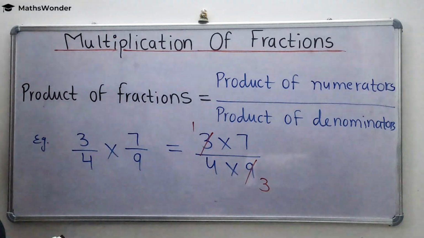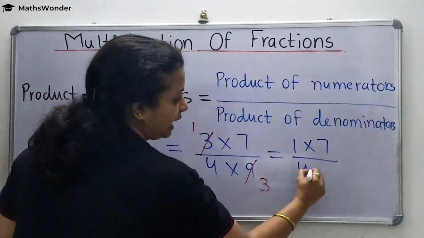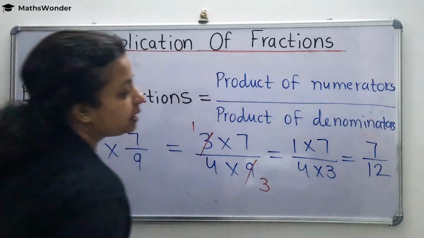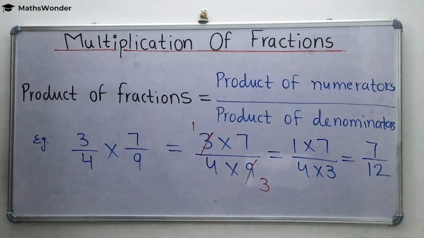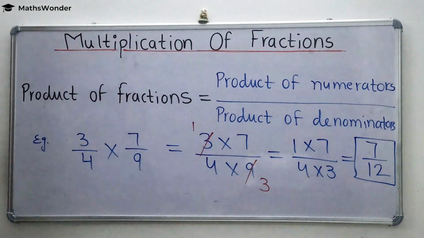So what will be the result? 1 times 7 and 4 times 3. So the final answer is 7 over 12. So when you multiply these two fractions, your result will be 7 over 12. Okay?